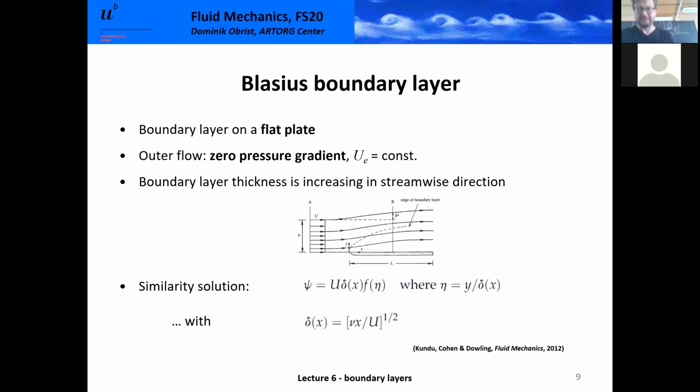And then he made the ansatz, and that's the one you see also on the same line. He made an ansatz that the stream function of the solution is equal to U, that's the outer flow velocity, times the thickness times f of eta. And f is now this shape function, the unknown shape function, which describes the shape of this Blasius boundary layer.